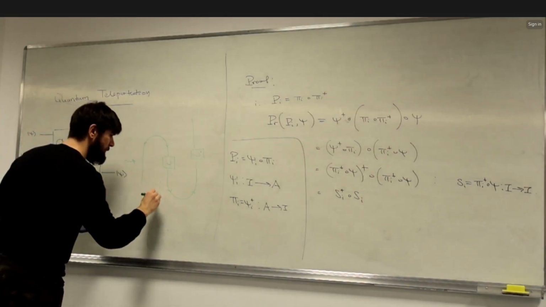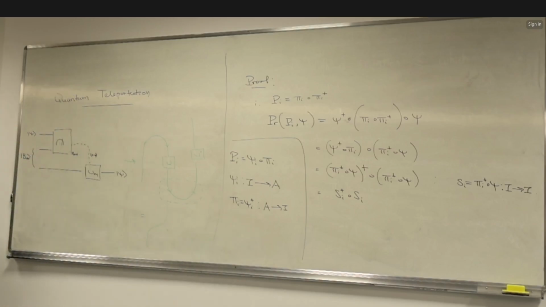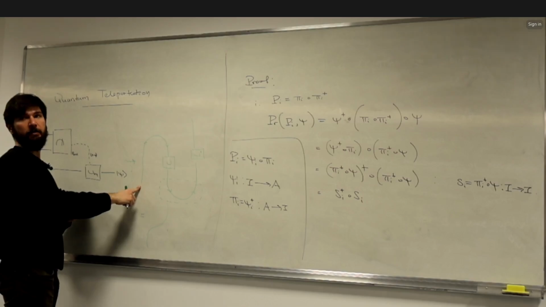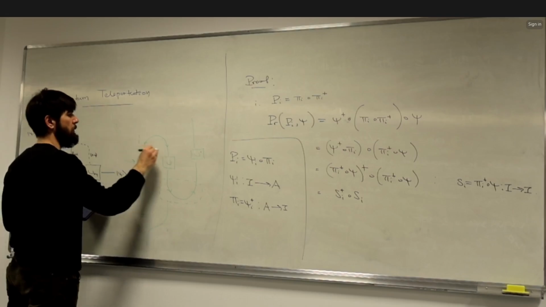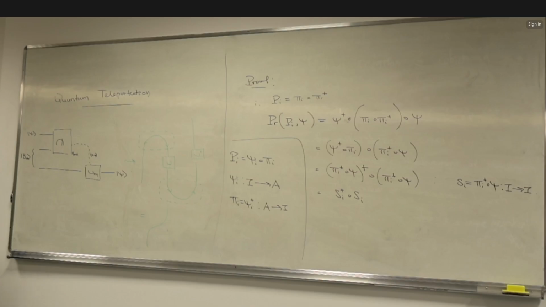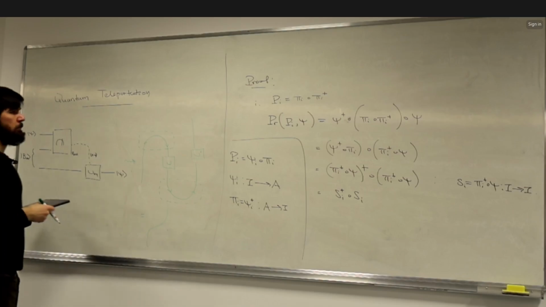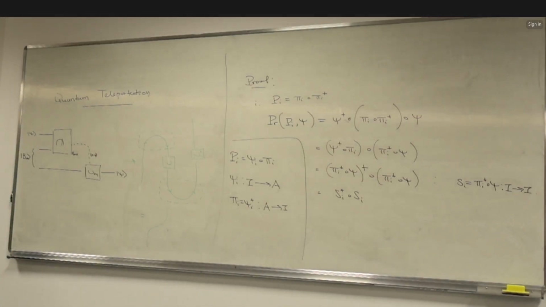Yes. So this is our preparation here of a Bell state, and this is the independent first party. And then you have this Bell measurement here, more or less. Yes.